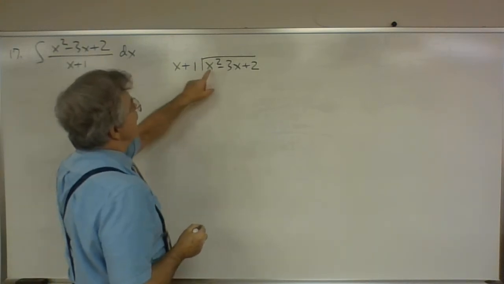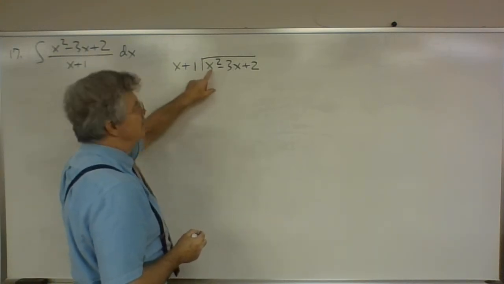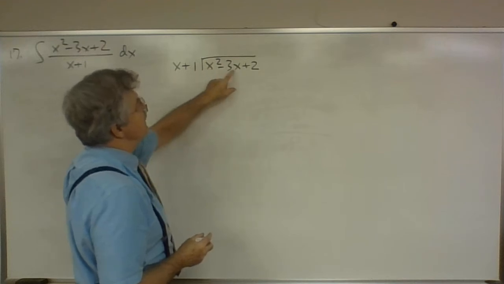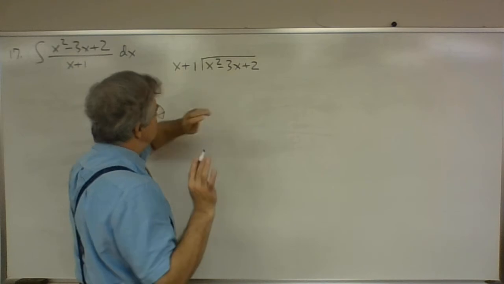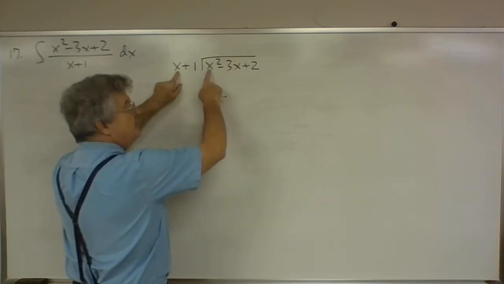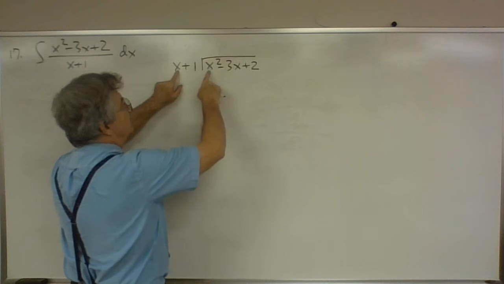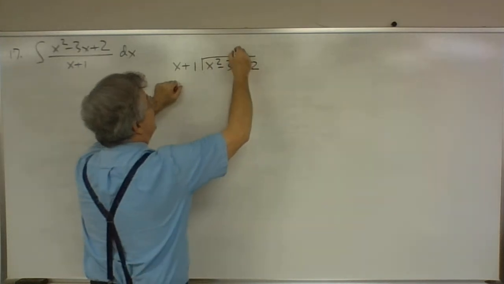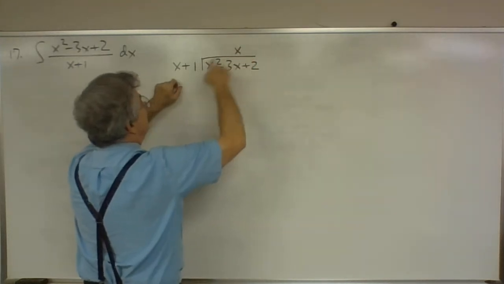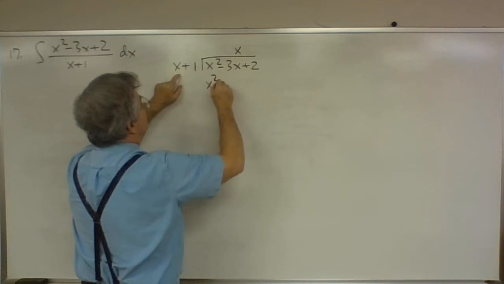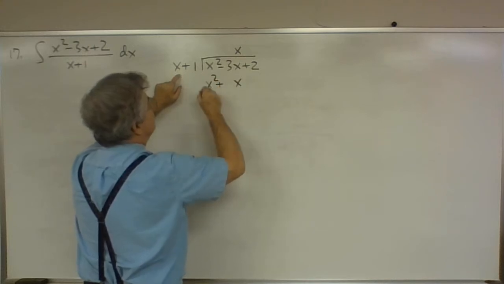And every power of x essentially is given its own place. X squared, x to the first, x to the 0. Good. Now we compare terms of highest degree, x and x squared, and we do the division that way. X goes into x squared x times. Multiply x by x plus 1, and we get x squared plus x.